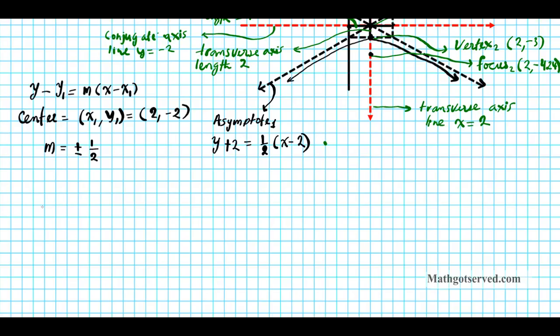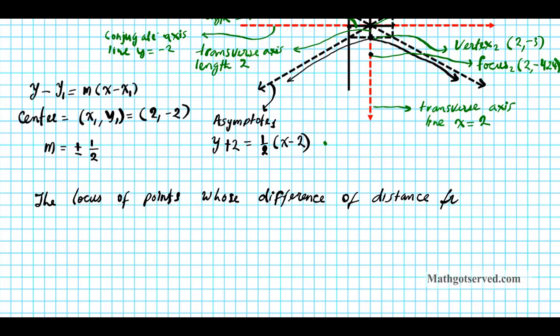The locus of points whose difference of distance from two fixed points.